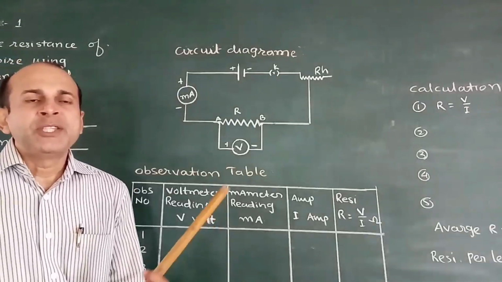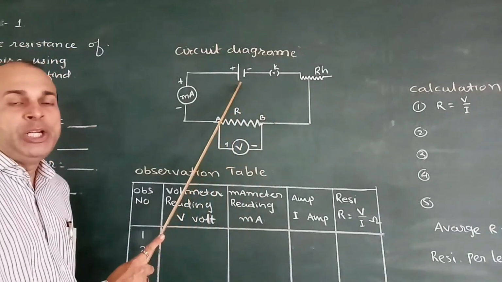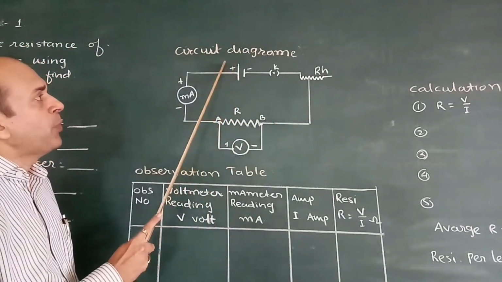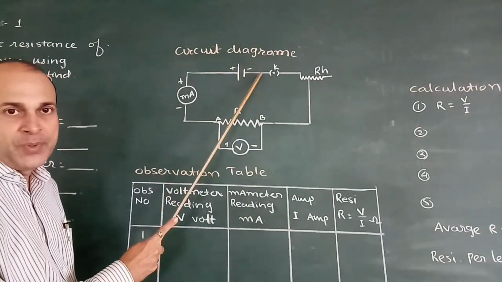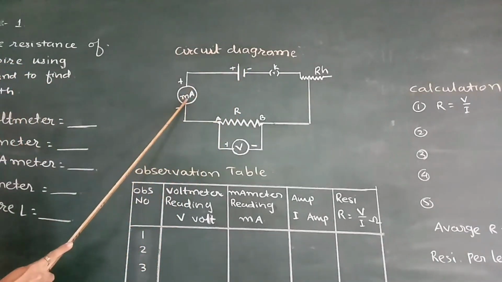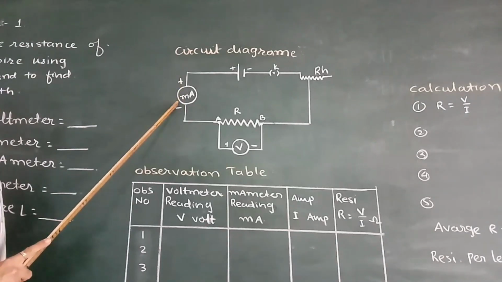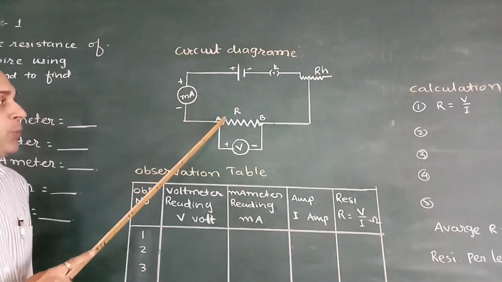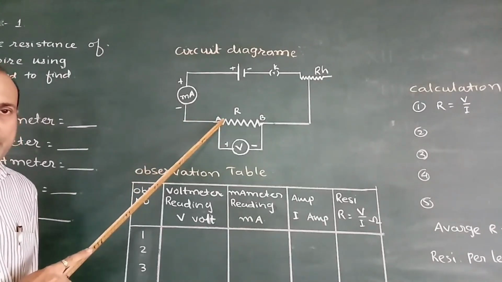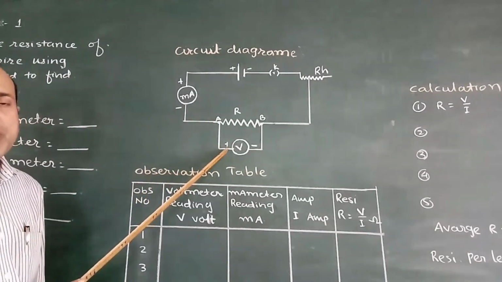Okay, here is the circuit diagram for Ohm's law. First here we have a DC battery eliminator which has the positive and negative terminal. Now the positive terminal of the battery connects to the current meter positive terminal. The negative terminal of the current meter connects to the unknown resistance A terminal. From the same terminal you connect the voltmeter positive terminal.